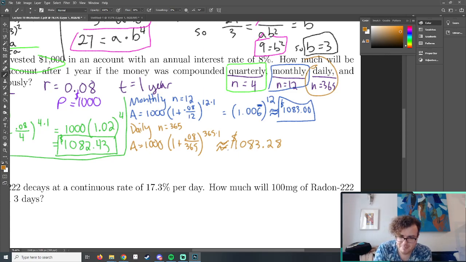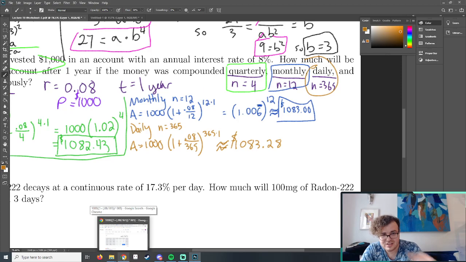What if we compounded 1 billion times per year? How would that affect the interest? And so this mathematician started calculating that. Actually, I can pull up Desmos and give an example here using these numbers.